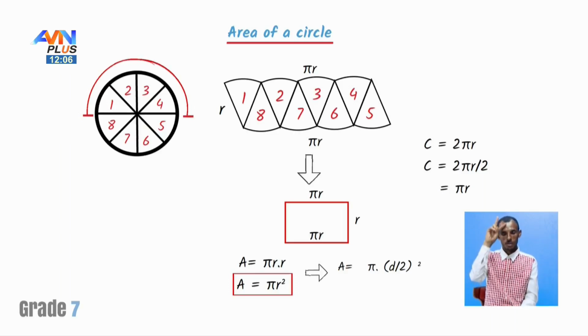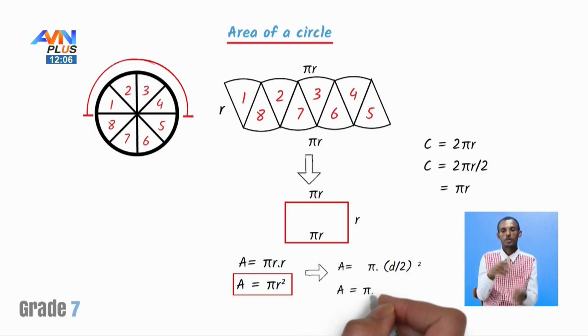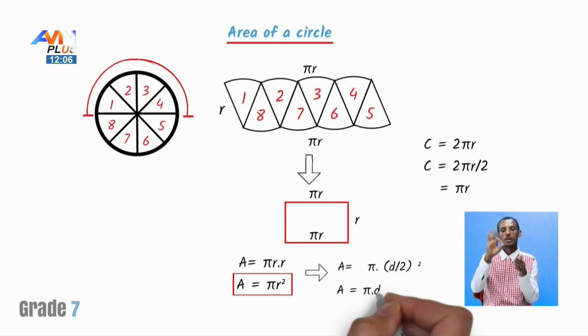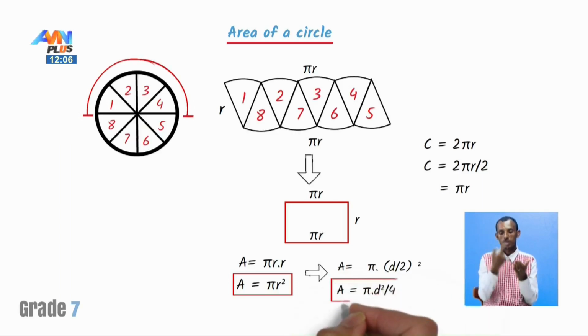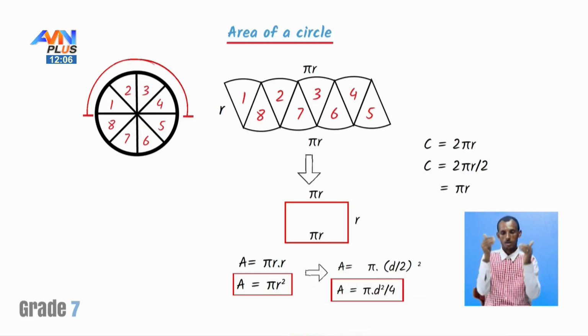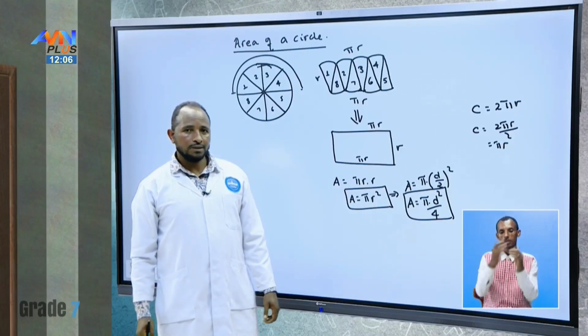So this will be equal to pi times, when you square this, you have diameter squared over 2 squared, which is 4. So area is equal to pi r squared or pi d squared over 4. So we can use this equation to calculate the area of a given circle. Now, let's proceed to an example.